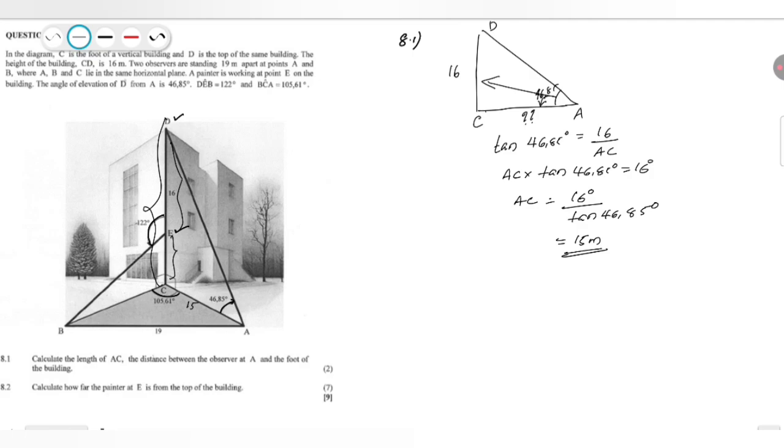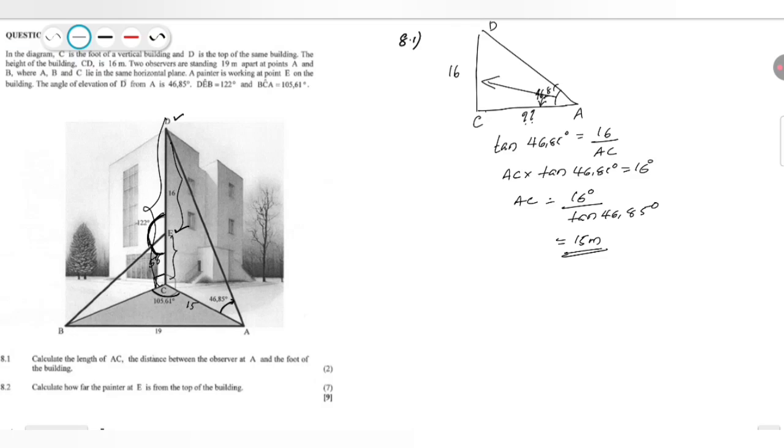Where is EC right now? It is part of the right angle triangle BCE. So what else is given on that right angle triangle? We can find this angle BEC, because this one is 122, so this is 58.